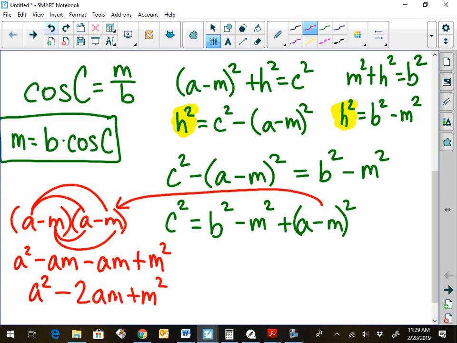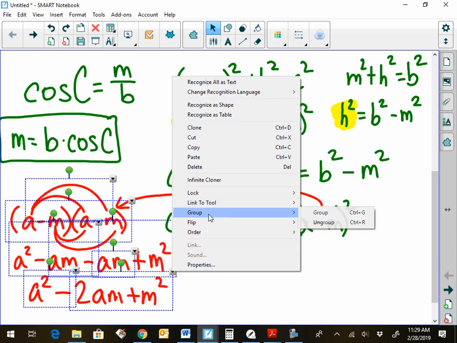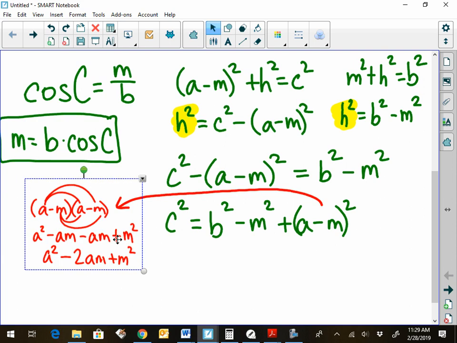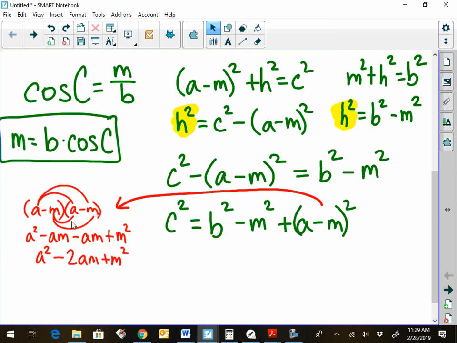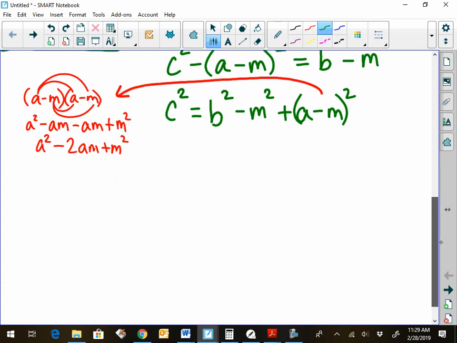Now when we write this, we're going to substitute that in for (a − m)², because we know that they're equivalent. I'm going to move this so that we can still see it to use. This part you could have done in your head, but we'll use it now to rewrite this.